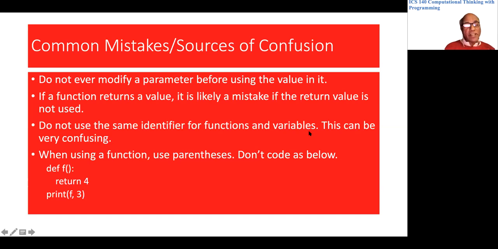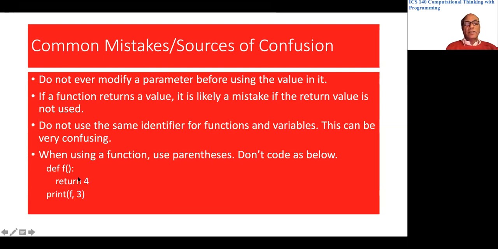This can be very confusing. If you have a function called calculate, don't invent a variable called calculate. You can get into trouble if you did that. There are an infinite number of variables possible, identifiers possible. So please don't reuse the identifiers for functions and variables.